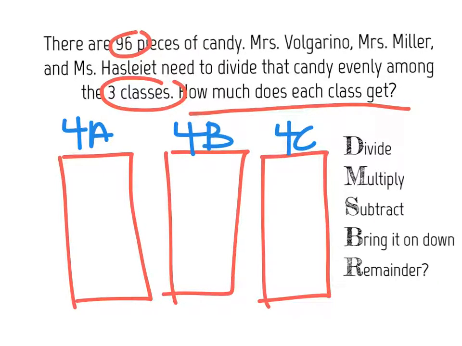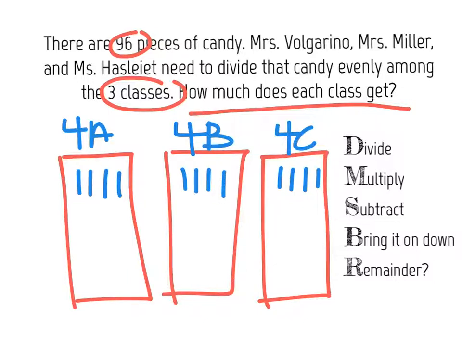Okay, so I could sit here and I could go 1, 2, 3, 4, 5, 6, 7, 8, 9, 10, 11, 12, and so on until I got up to 96 pieces. But let's be honest, kiddos, that would take me way too much time. Okay, so that might work when maybe we're doing smaller division problems, but that strategy does not work when we get into these bigger multi-digit problems.